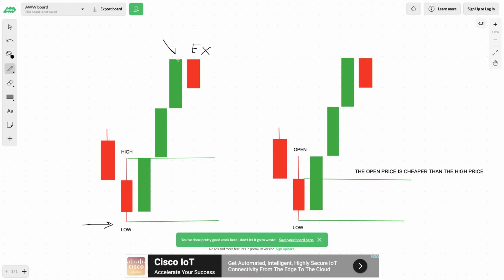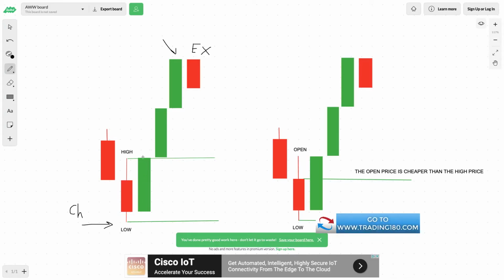Why do we know that? Because buyers are no longer willing to push prices higher. So this is an expensive area. We know this to be a cheap area or bargain price. And why do we know that? Because buyers came in at this price and pushed prices higher. This was an absolute bargain for the buyers.